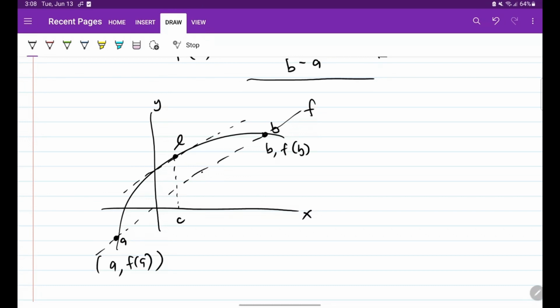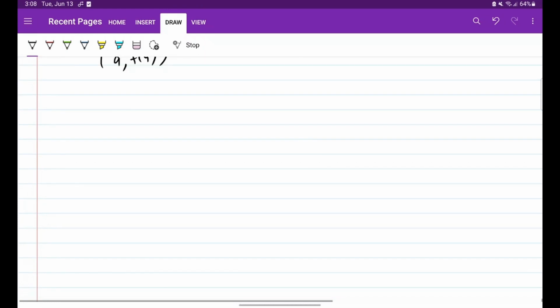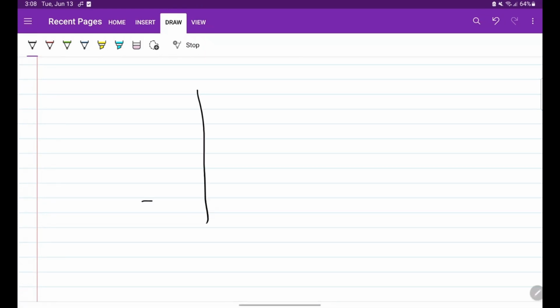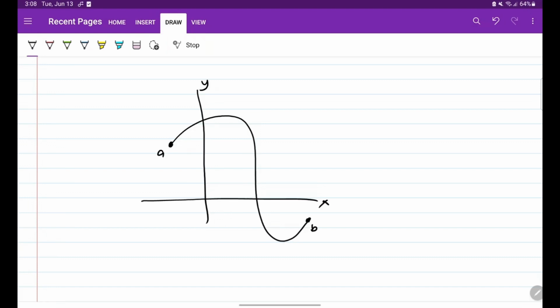Okay? So, pwede rin naman, let's say, dalawang points, no? So, let's say, we have here a function, and say, ganito siya. Tama? And, say, this is point A. Sige, this is point A, and this is point B. Again, x-axis, y-axis.